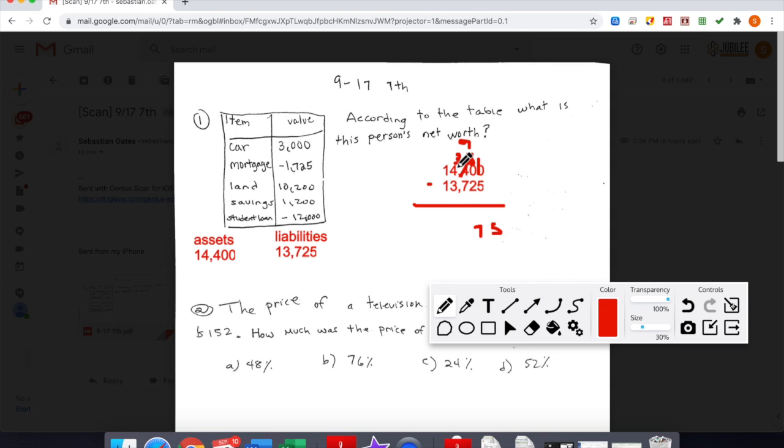Can't take away 7 from 3, so we have to borrow. 13 minus 7 is 6. 3 minus 3 is 0, and 1 minus 1 is 0. So we're going to have a net worth of $675. That means our assets are worth $675 more than our liabilities will cost us.